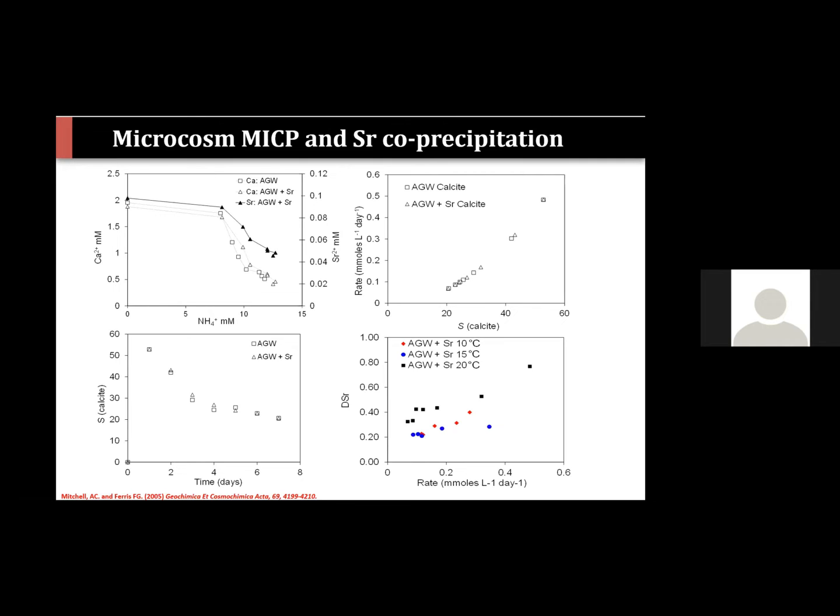So if you saw Jeff's talk yesterday, we talked about the role of cell surfaces in mineral precipitation. And obviously the theory goes that the cell surface should act as a nucleation substrate via the negative surface charge at these pHs, which we see, and also the large surface area that these cell surfaces offer. So we really wanted to see if there was a role for the cell surface within these particular reactions.